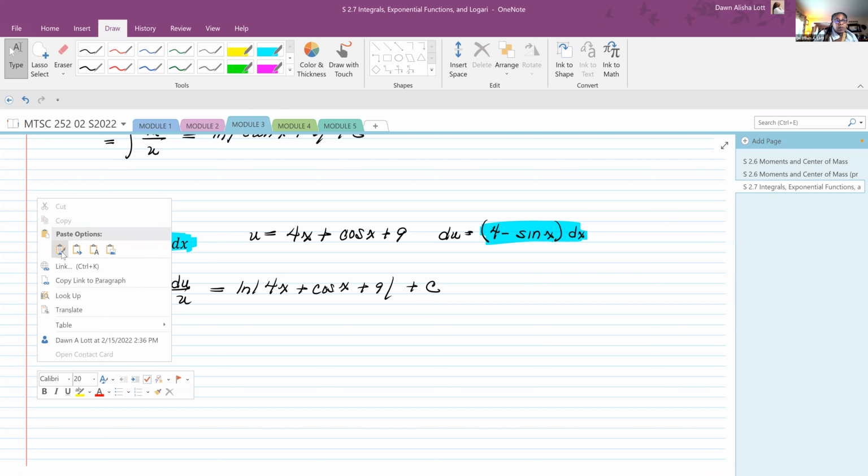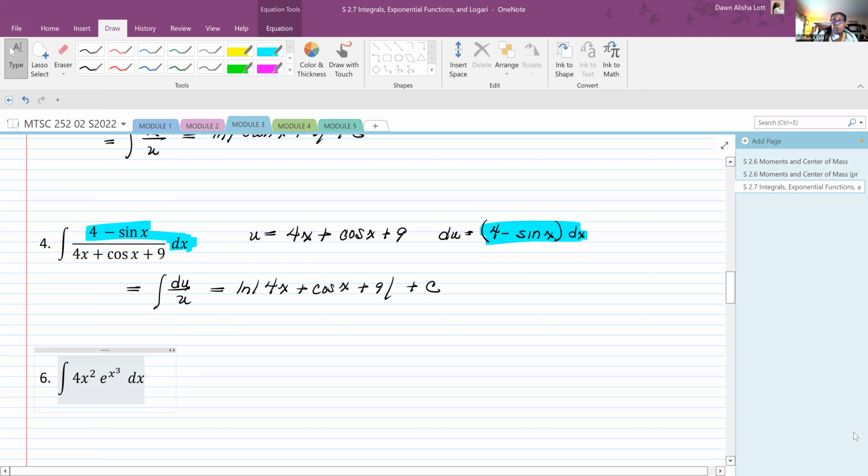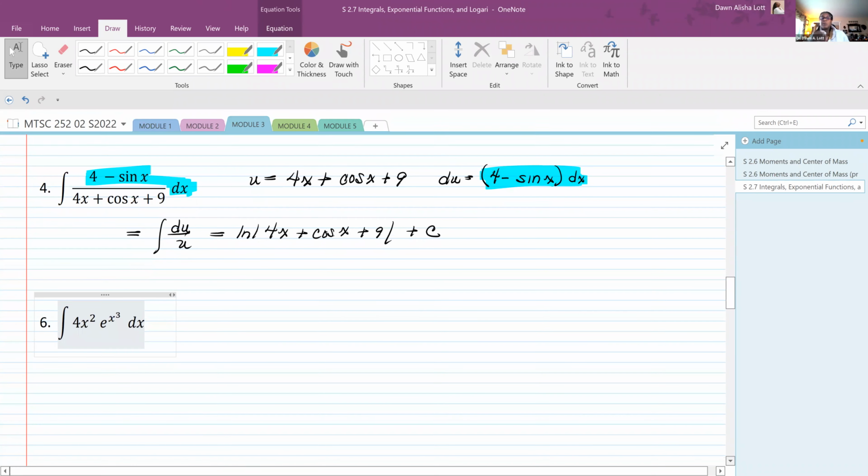Number 6. Little different kind of problem. So what's going to be u? x to the third. Yes. All right, so du is 3x squared dx.